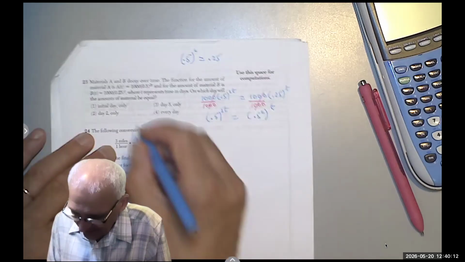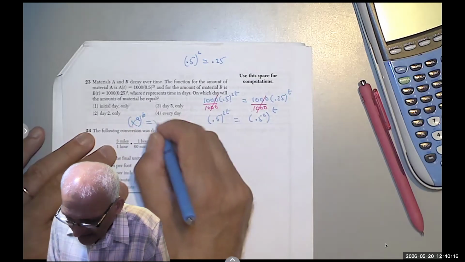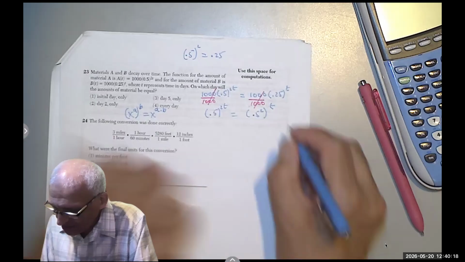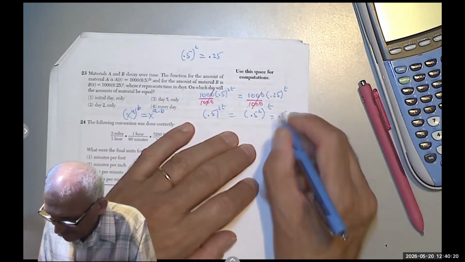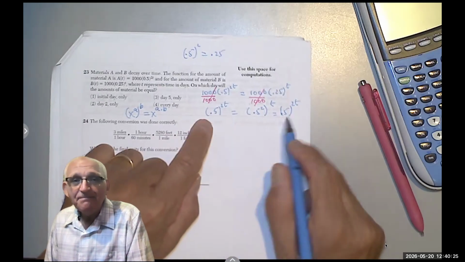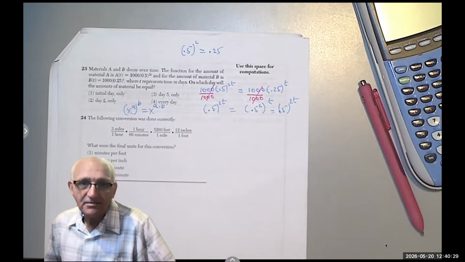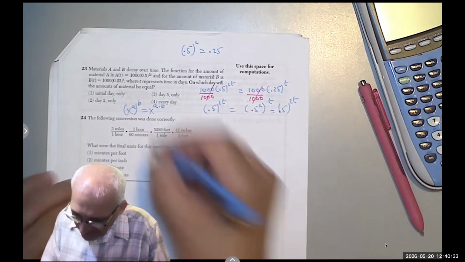And you know that if I have x to the a raised to the power of b, it's x to the a times b. So this becomes 0.5 raised to the power of 2t, which is the same, meaning they will always be equal. It's the same equation written in two different ways, right? So every day.